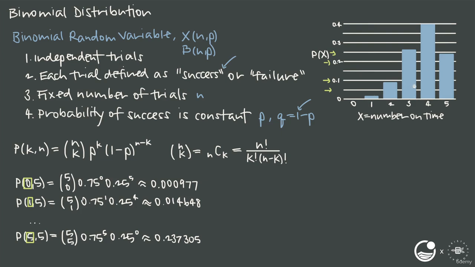And of course, once we build it, it should roughly make sense to us. If we run 5 trials or 5 experiments and our expected probability of success is 75%, well, what's 75% of 5? It's 3.75. And so roughly, we would expect that most of our mass here in our probability mass function in this distribution would be clustered around the 3.75 mark.